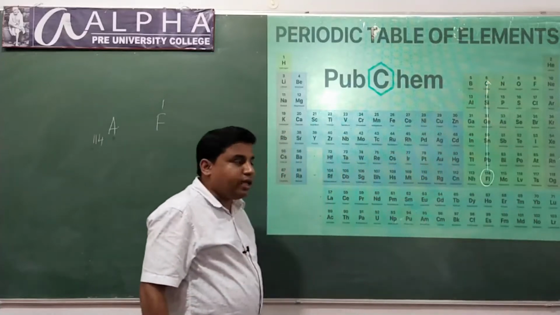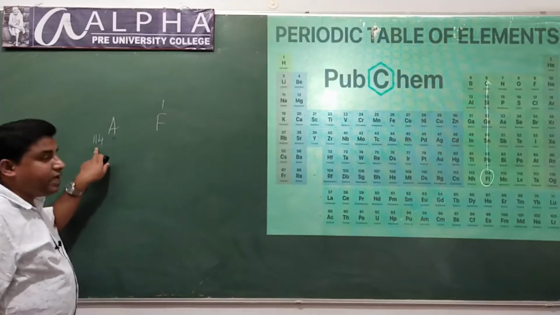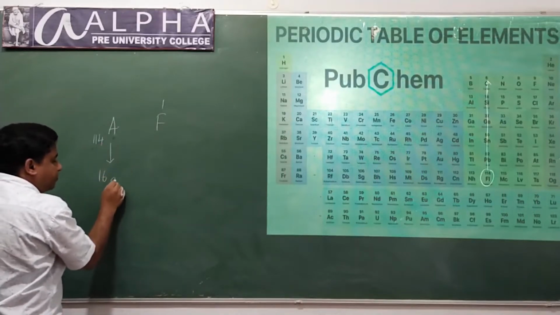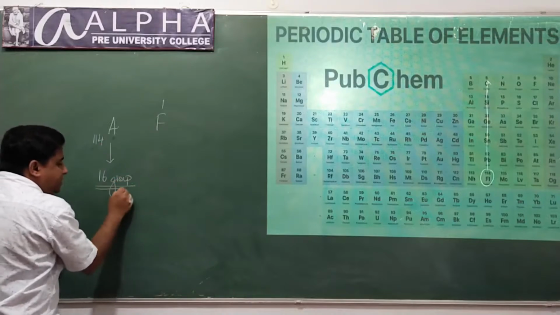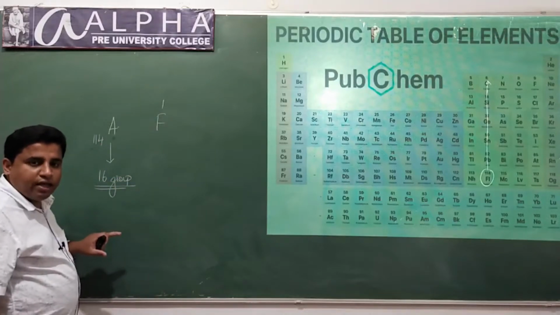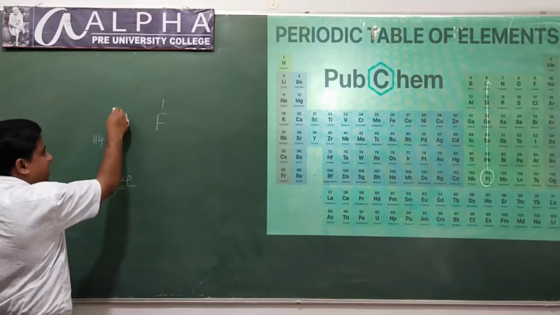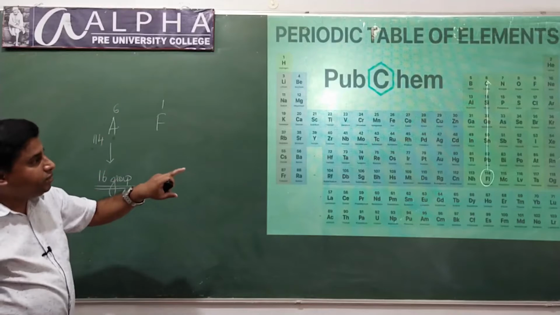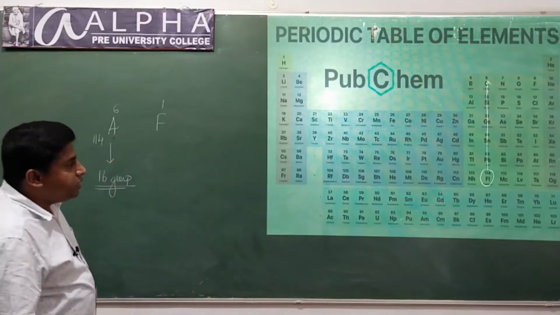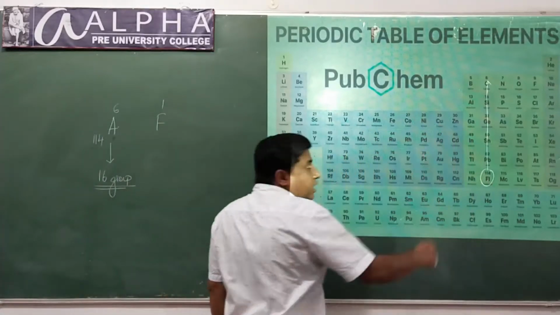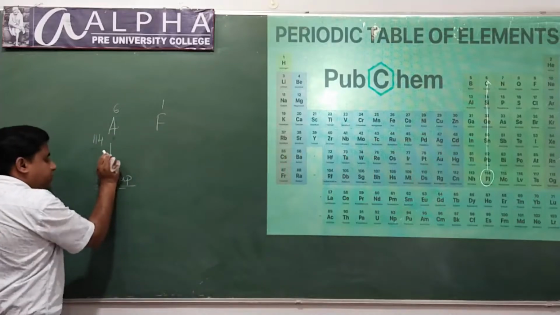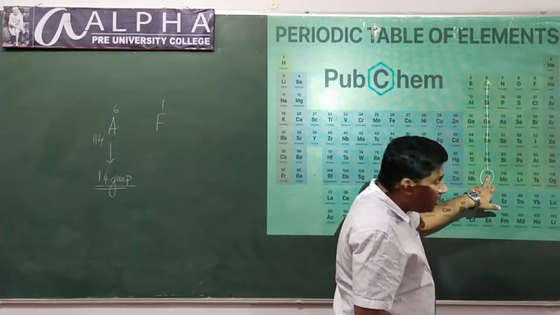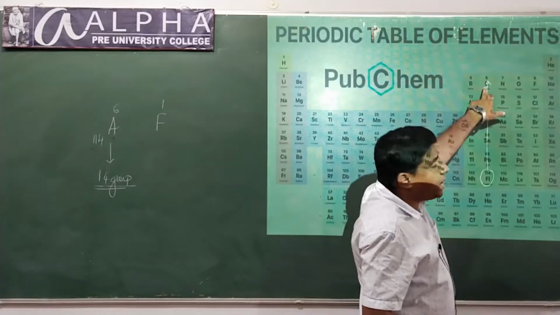What is the valency of 16th group elements? The valency is 6. Oh, I'm sorry, this is 114, isn't it? So it belongs to the 14th group. Yes, the 14th group. It's a carbon family element.